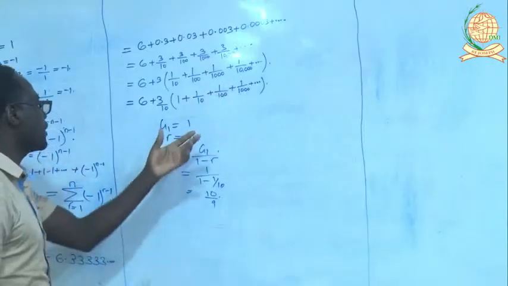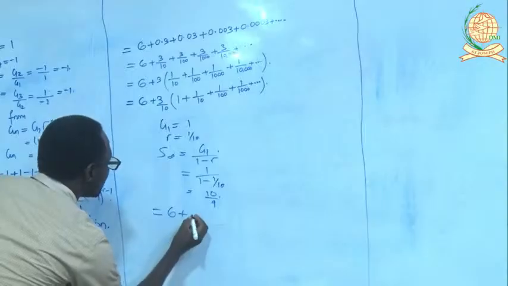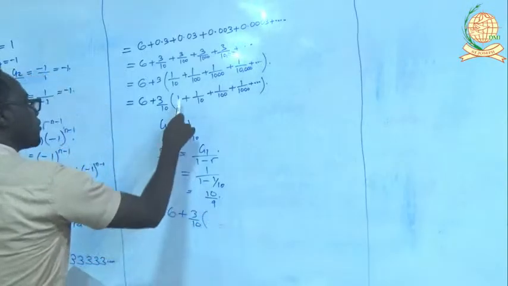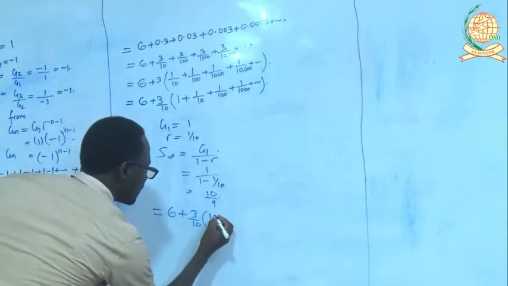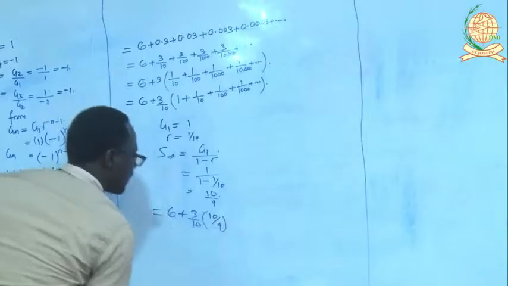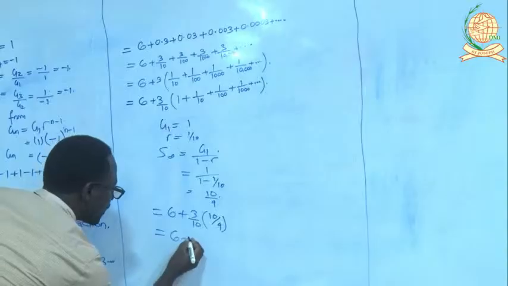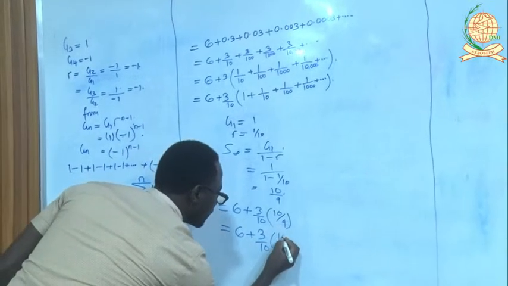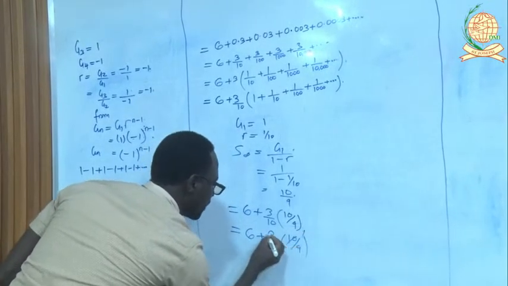So take this and substitute it into that series. We are going to have 6 plus 3 over 10 times the sum to infinity, which is 10 over 9. You can simplify: 10 cancels with 10, and 3 over 9 gives 1 over 3.